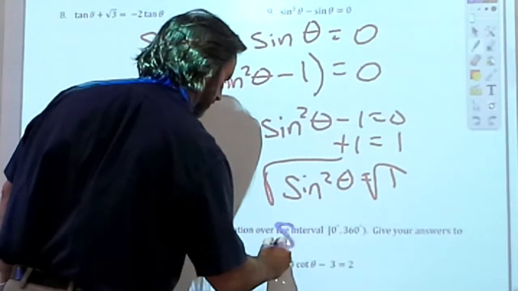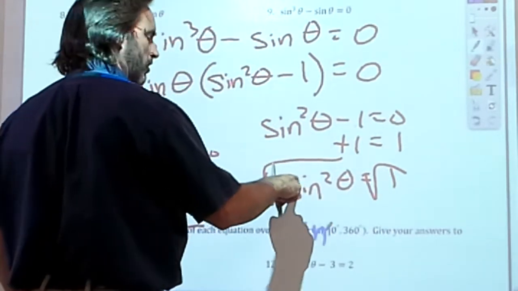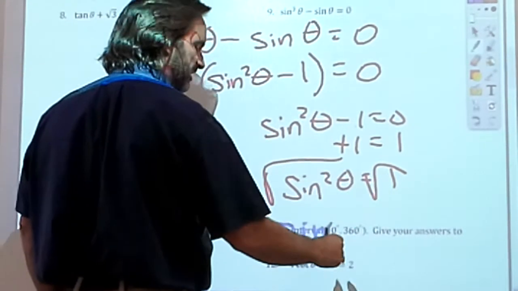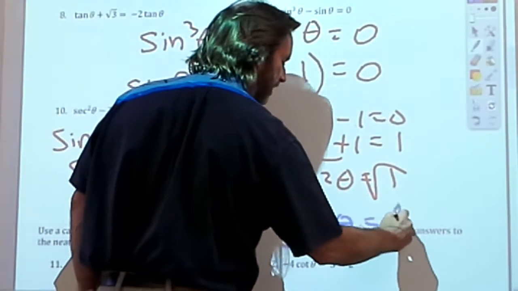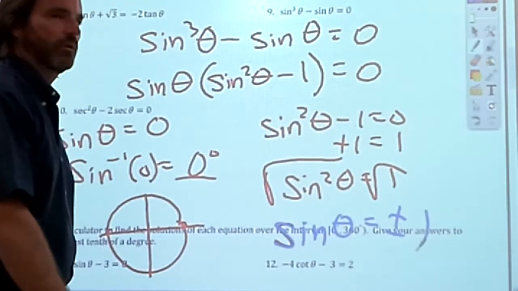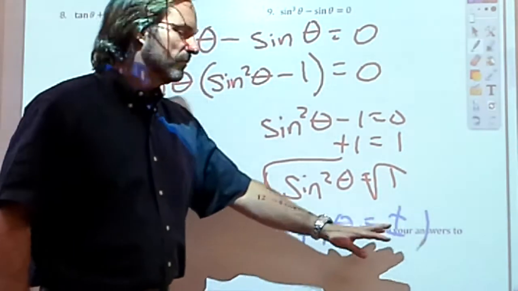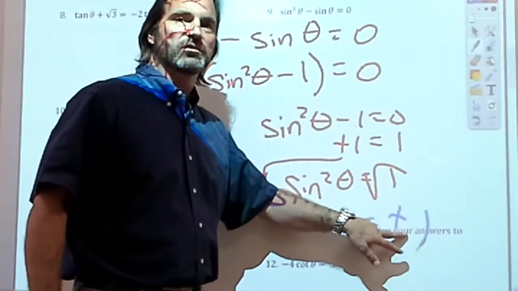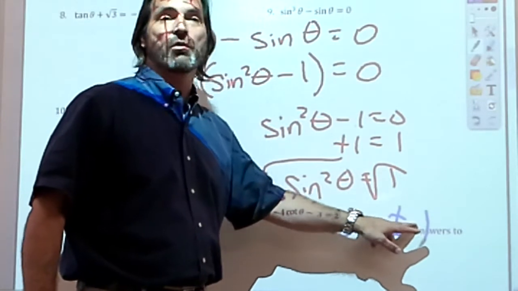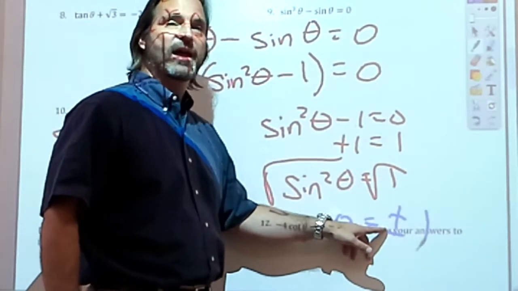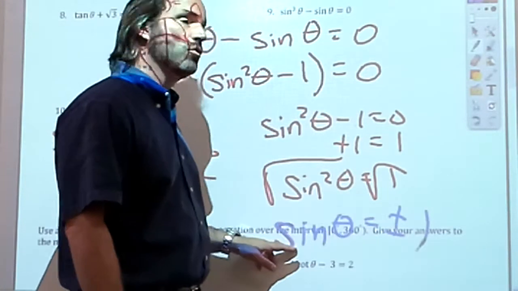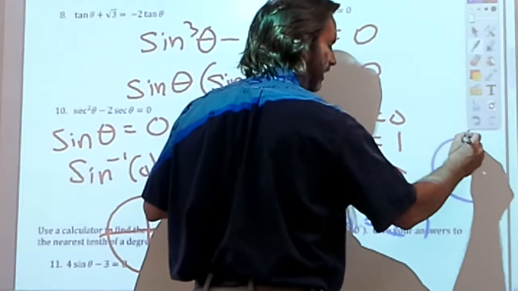I take the square root of sine squared theta and 1, and I get sine of theta equals plus or minus 1. We look out here, that's only 2 angles. But if that was like square root of 2 over 2, that's 4 angles. You've got 2 quadrants. Anyway, let's look at this.